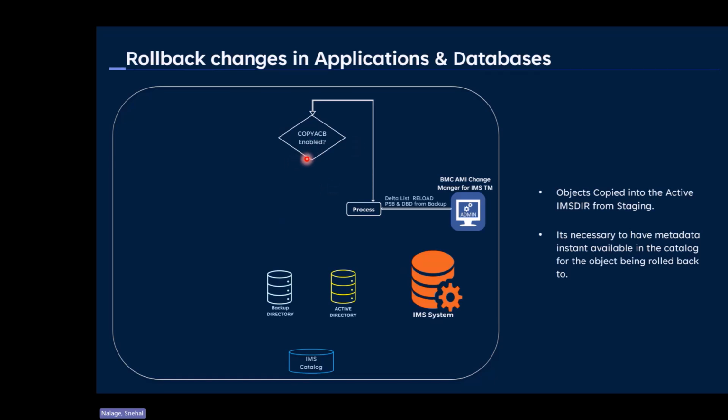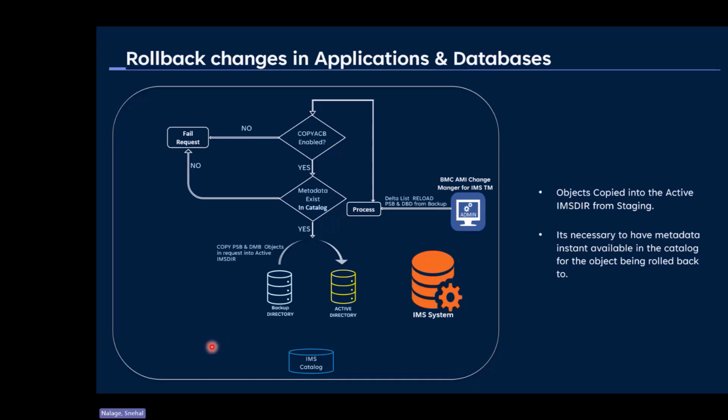delta first again checks if the copy ACB is enabled. If it's not, then it fails the request. If yes, then it checks if the metadata for that instance is present in the catalog or not. If it's not present, then again it fails the request. And if it's present, then it copies the specified object from the backup to active directory.